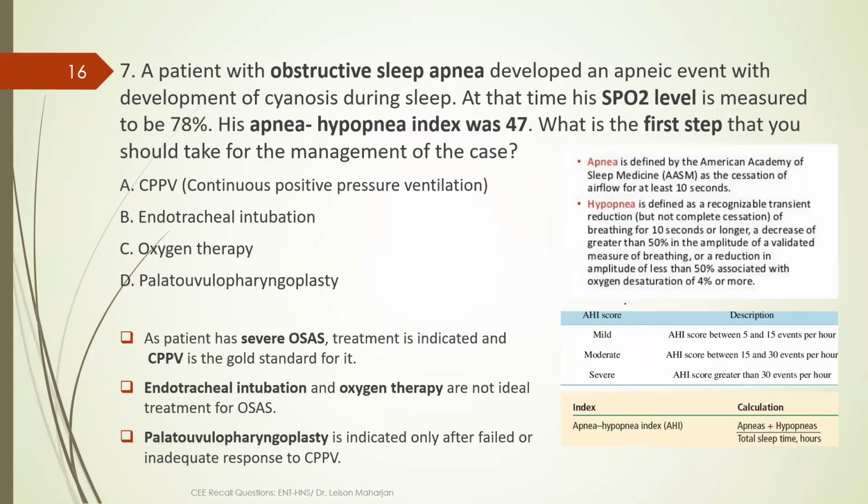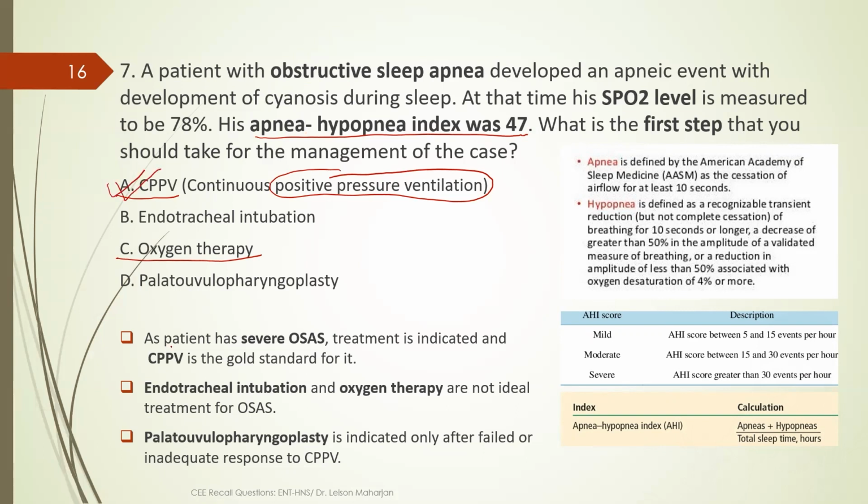So our options are CPAP and oxygen therapy. As the obstruction is very severe, we have to open up the airway, and for that we need positive pressure ventilation along with oxygen therapy. So our appropriate answer would be answer number A.